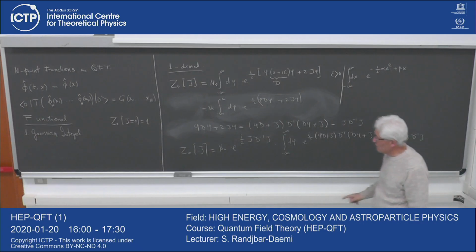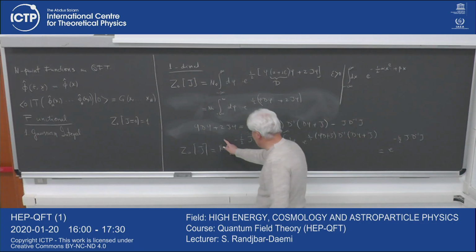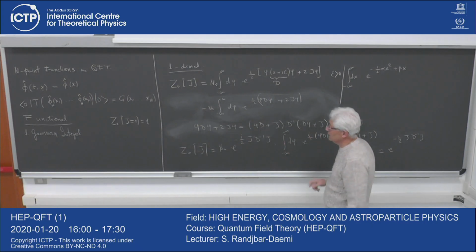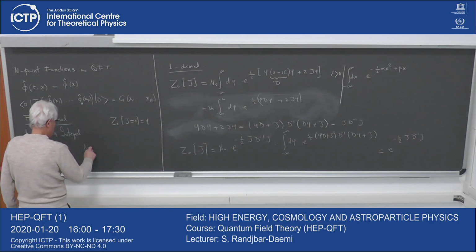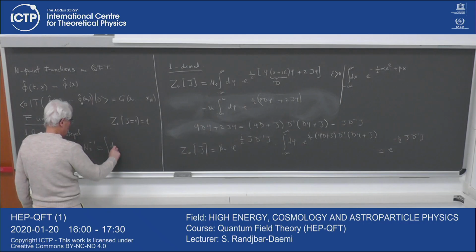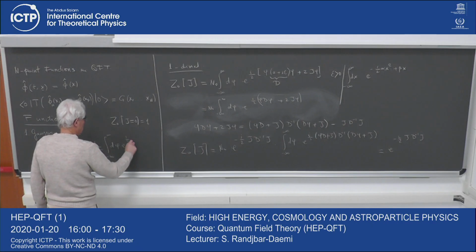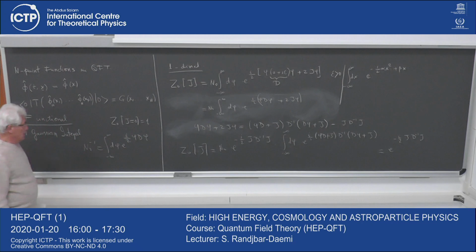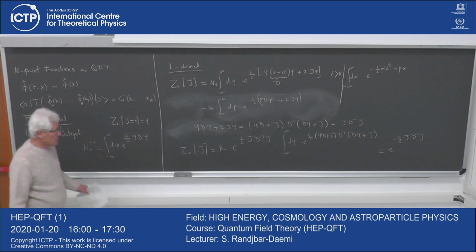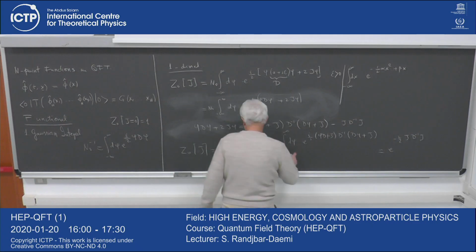This coefficient is 1 because n0 inverse is precisely this integral, as we have written. So let me write again here. So n0 times this quantity is 1.